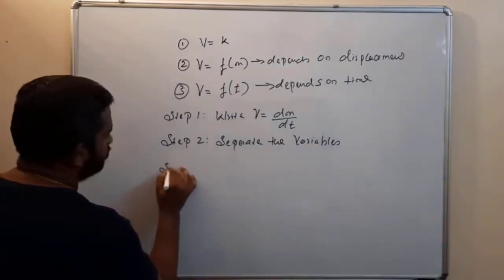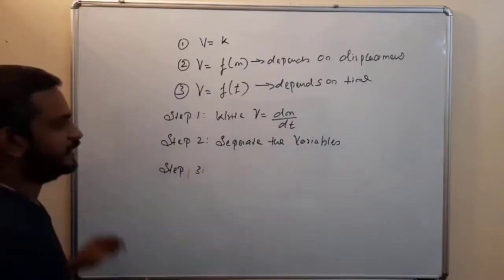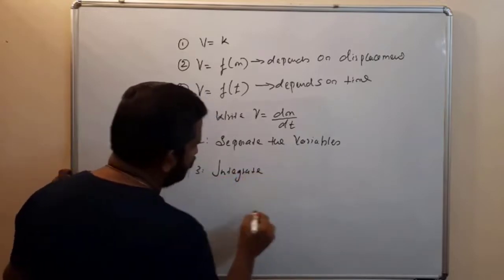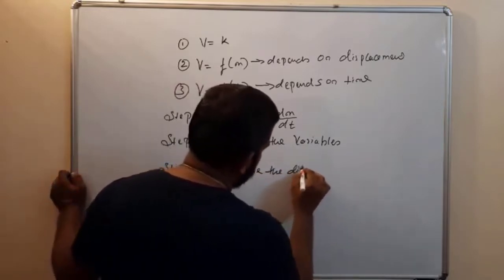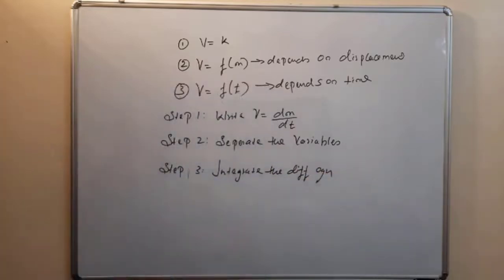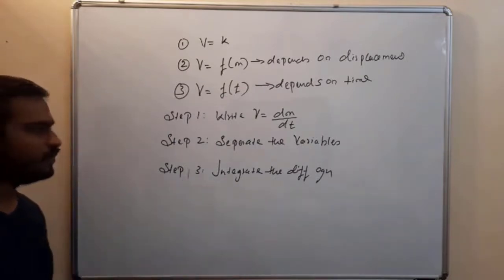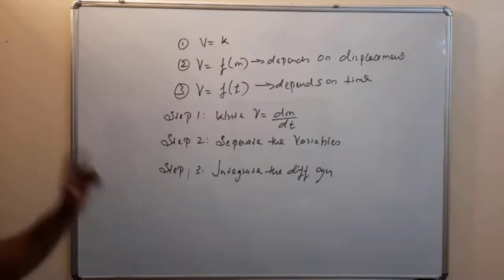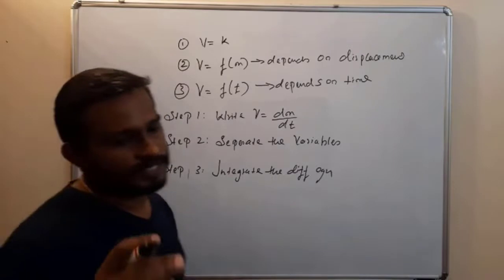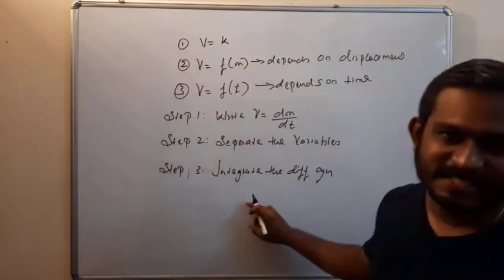Step 3: integrate the differential equation. You will get the required data. So understand, the instantaneous velocity is given and you have to find the displacement, so we are using integration.